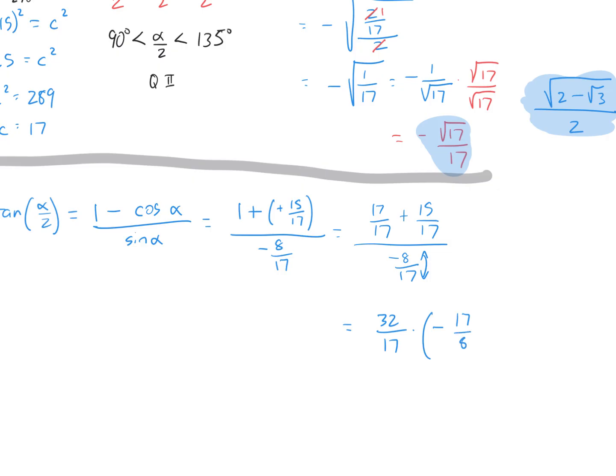The reciprocal is negative 17 over 8. 17s cancel. 8 goes into 32 4 times. So our final answer is negative 4. And that completes this problem. And actually it completes this section. So we are done.